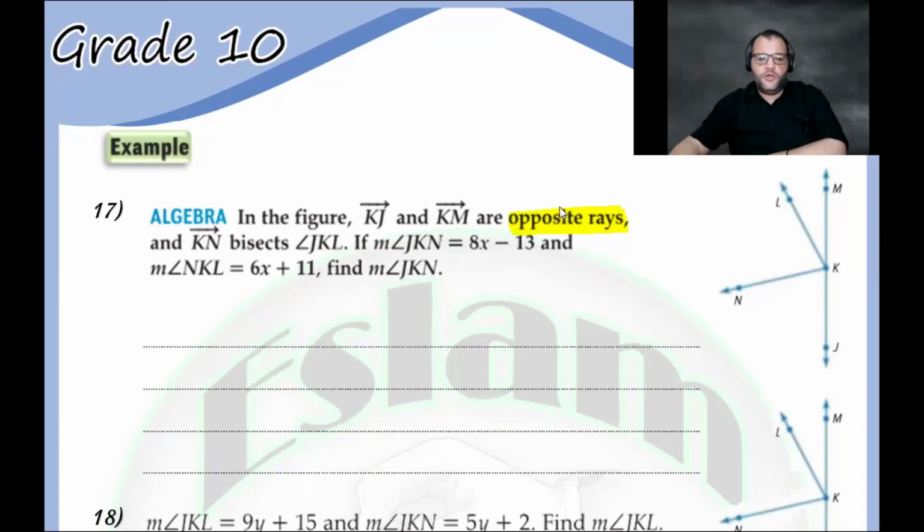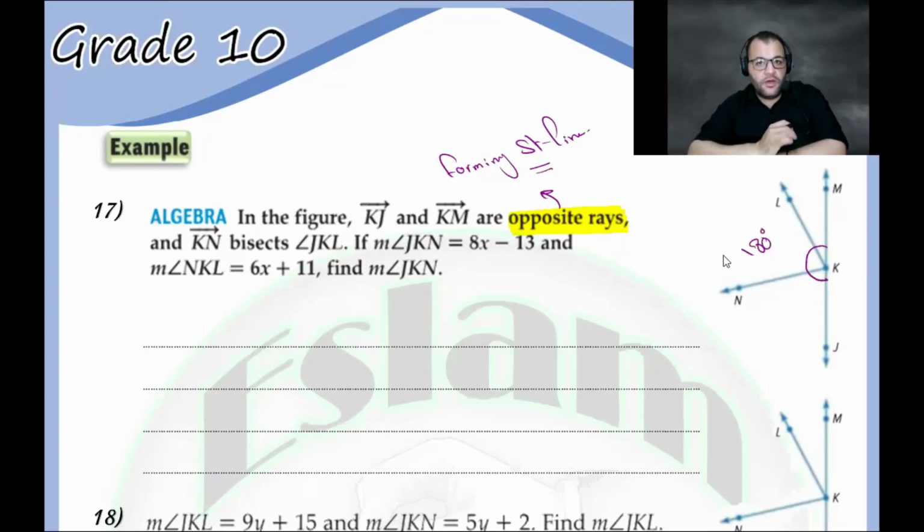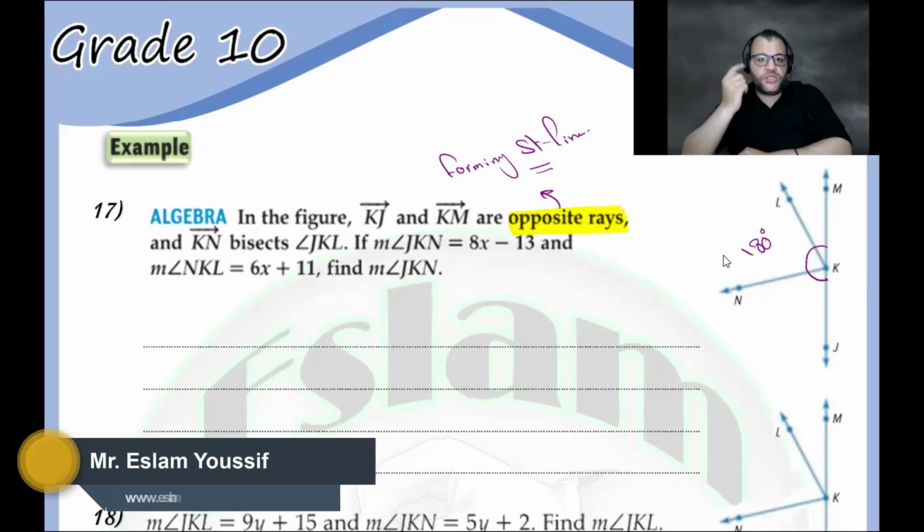Opposite rays means they are forming a straight line. What is the meaning of forming a straight line? It means the measure of the angle between them will be 180 degrees. That is the meaning of opposite rays. Opposite rays mean they are forming a straight line, and the straight line's measure is 180 degrees.